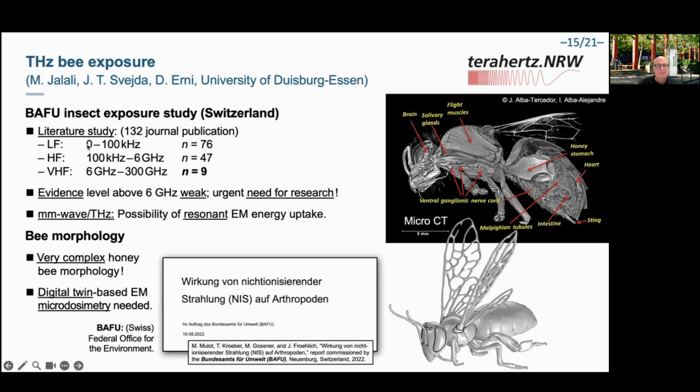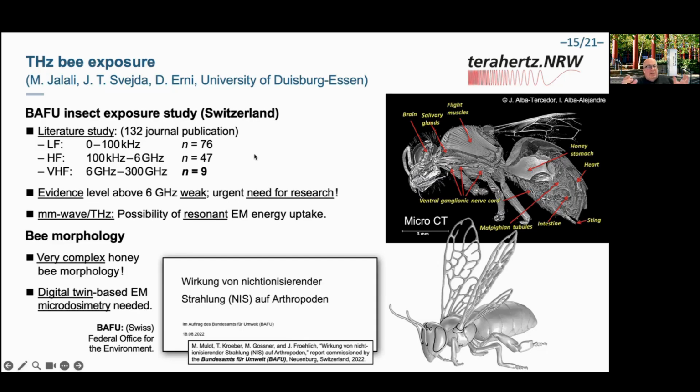dealing with an exposure scenario of various insects was dealing mainly with a low frequency range up to 100 kilohertz. Then there is a considerable body of literature covering the frequency range from 100 kilohertz up to 6 gigahertz, and only 9 publications at this time have been targeted to the millimeter wave range up to 300 gigahertz.